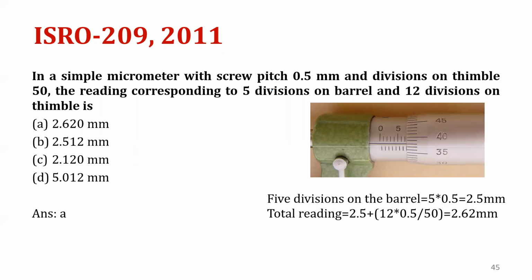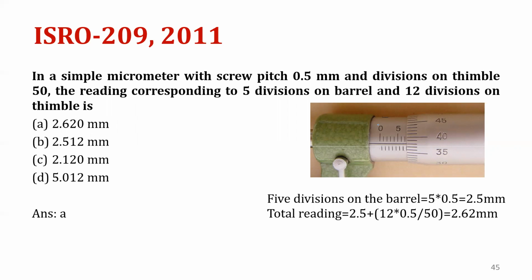In a simple micrometer with a screw pitch of 0.5 mm and 50 divisions on the thimble, the reading corresponding to 5 divisions on the barrel and 12 divisions on the thimble is. Here the screw pitch is 0.5 mm. That means if you rotate the thimble through 50 divisions, the axial advancement is 0.5 mm.